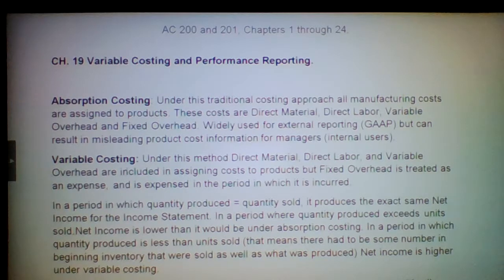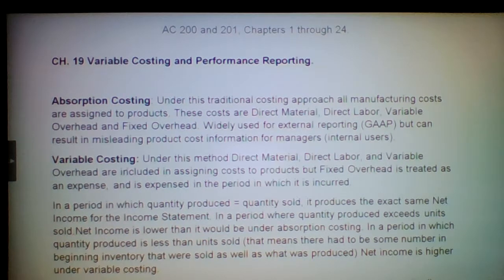way that will not be detrimental to your company. Now, there are two primary things discussed in this chapter, which are absorption costing and variable costing. And then we're going to discuss how using variable costing will help us make business decisions at a later date. If you remember when we were talking about costing in chapters 16 and 17, we talked about direct labor, direct materials, factory overhead, and things of that nature.